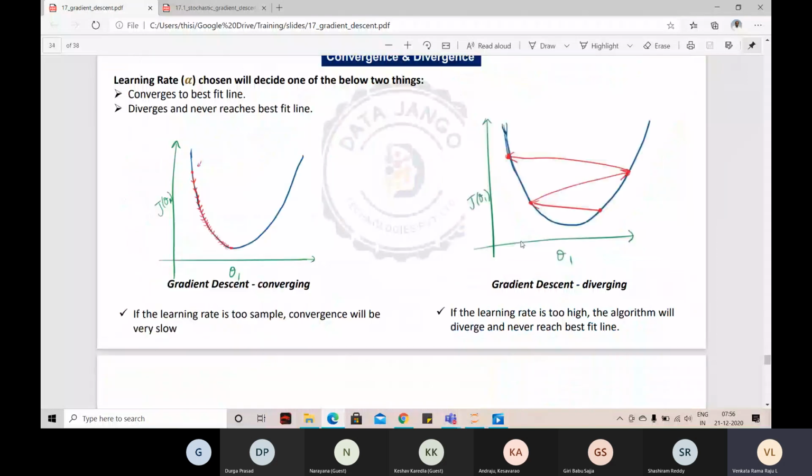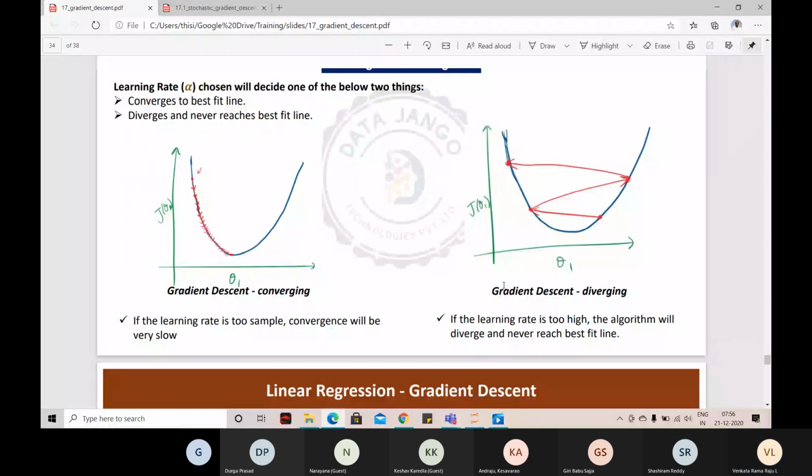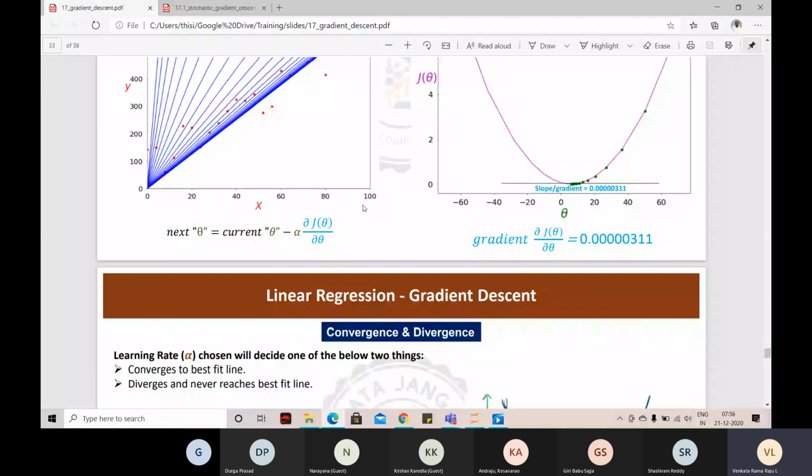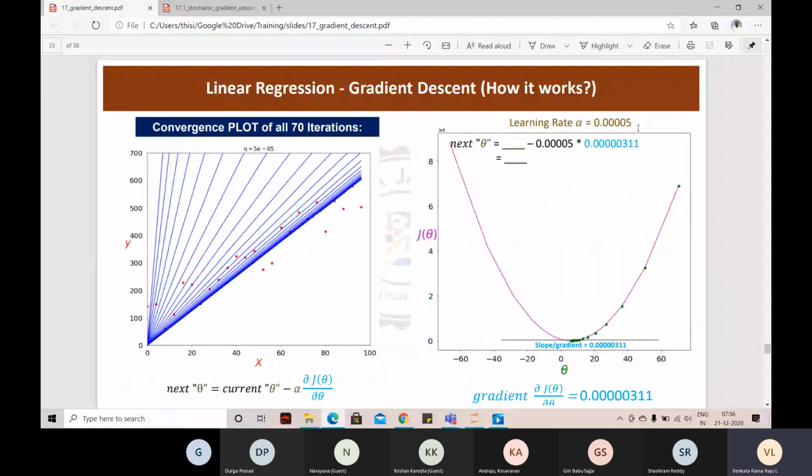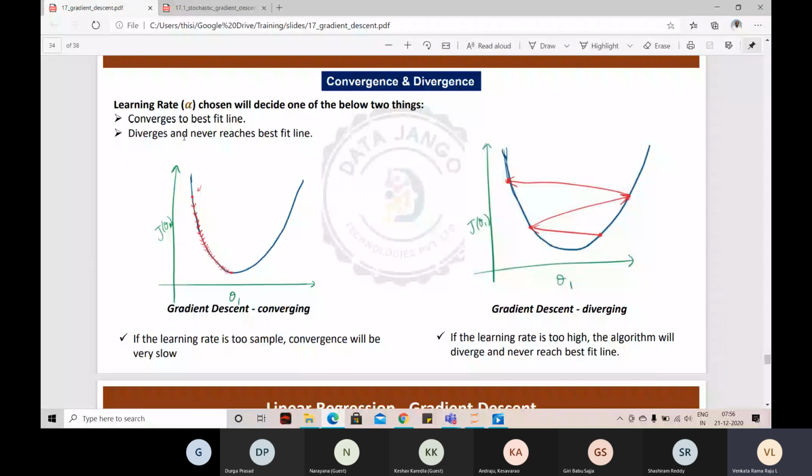This is called a hyperparameter. One hyperparameter we have seen so far. Thetas are called parameters, and values which make the algorithm work better are called hyperparameters. Convergence will be slow if you choose a small alpha. If it is big, it is going to diverge. We need to play with the alpha and make the algorithm the best.